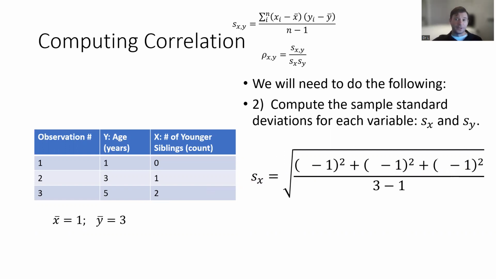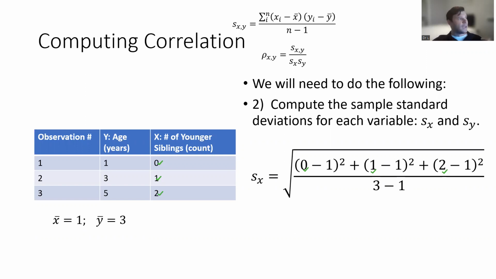Okay, the next thing we have to do is plug in the actual x values for each of the 3 data points. Data point 1's x value was 0 siblings. Observation 2 had 1 sibling. And observation number 3 had 2 siblings. So 0, 1, 2, 0, 1, 2.